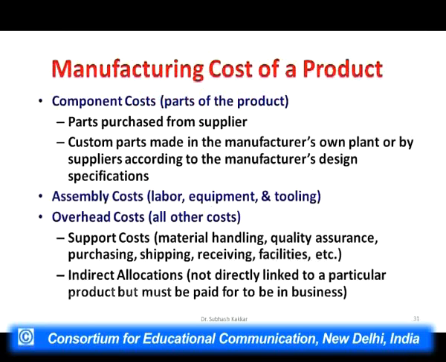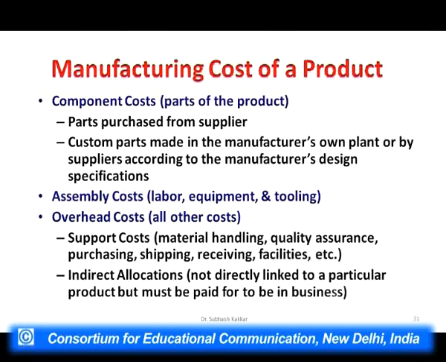Manufacturing cost of a product. Component cost, part of the product: parts purchased from supplier, custom parts made in the manufacturer's own plant or by suppliers according to the manufacturer's design specifications. Assembly cost: labor, equipment and tooling required for assembly.